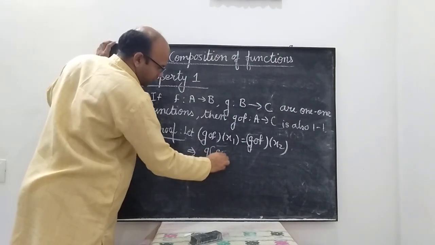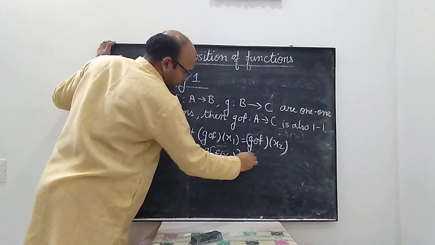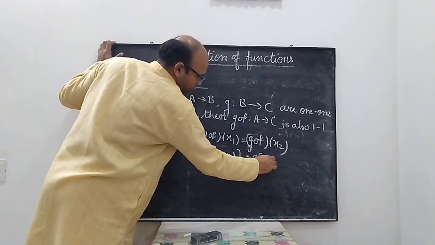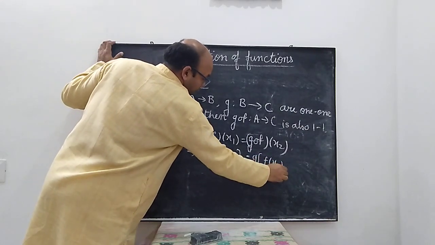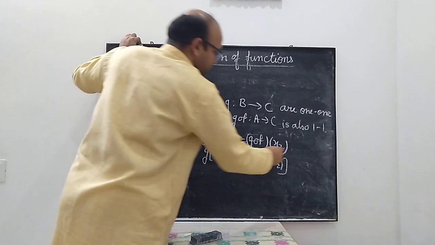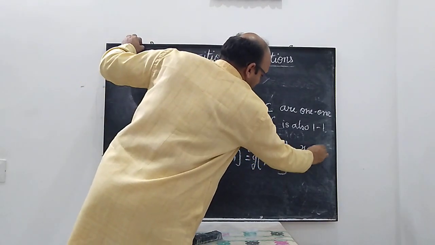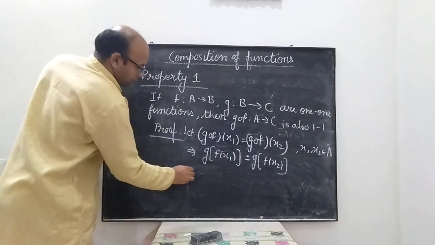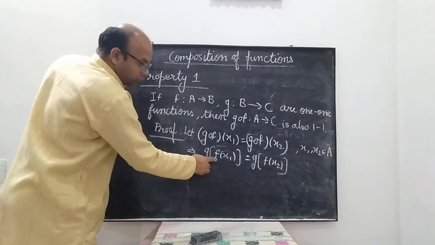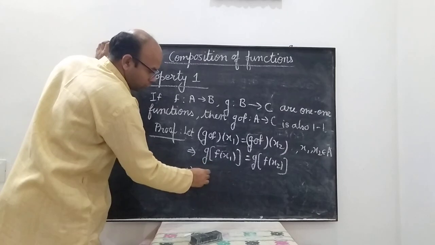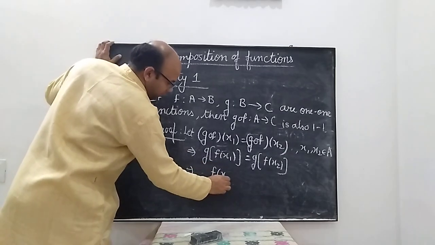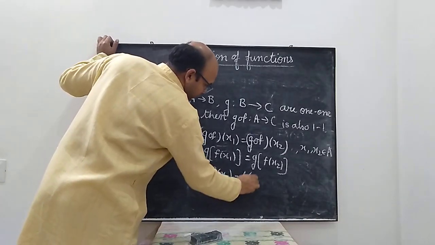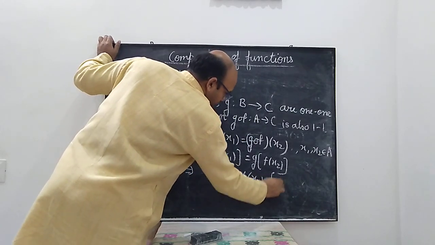This means g of fx1 is equal to g of fx2, and keep in mind that x1 and x2 both belong to set A. Now since g is one-to-one, we have fx1 is equal to fx2.